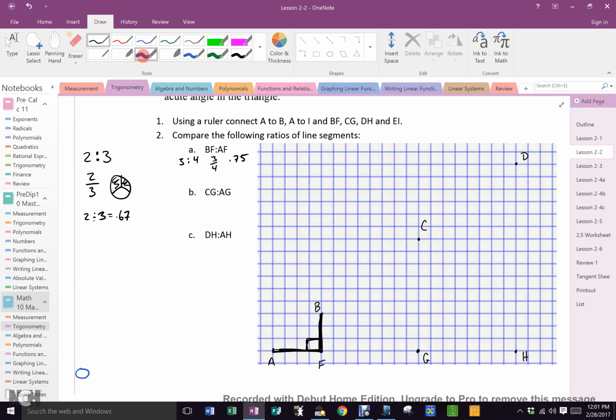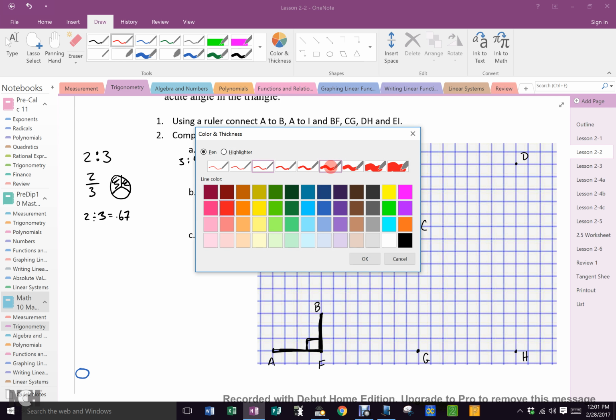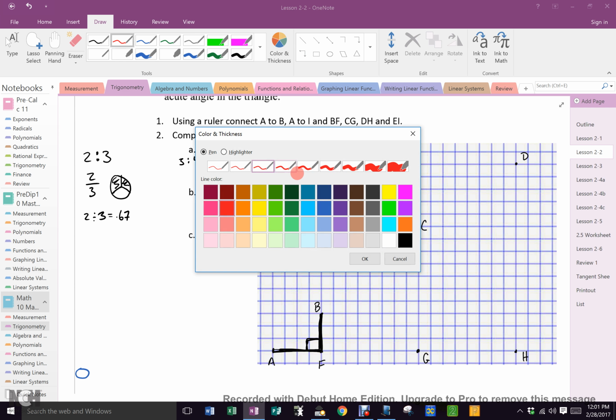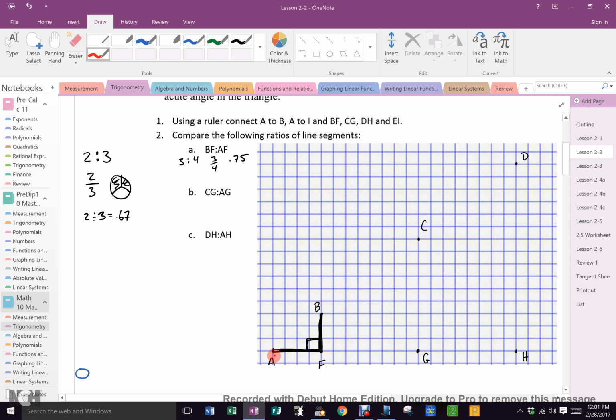Okay. Now I'm going to change color to red. I want red, that thickness. Thank you. Now I'm going to go A out to G and up from C to G. What is that comparison?